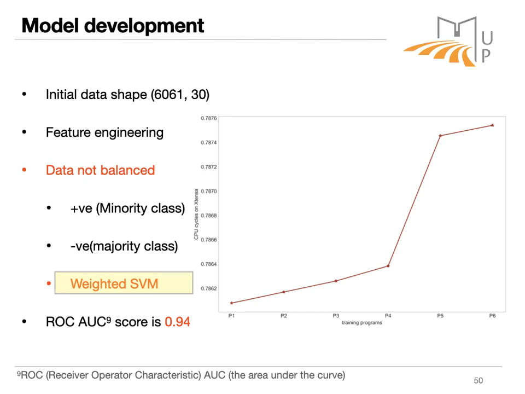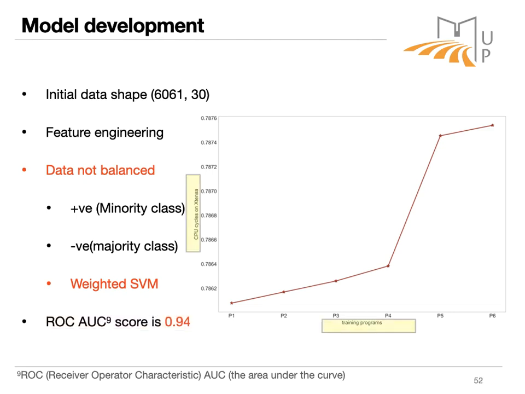The weighted SVM modifies the SVM penalty parameter to fit the model for each instance so that the weight is proportional to the class distribution, and this helps to reduce model bias.